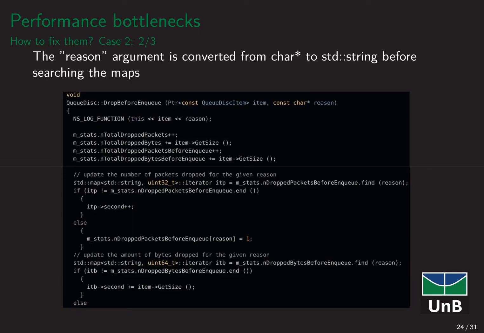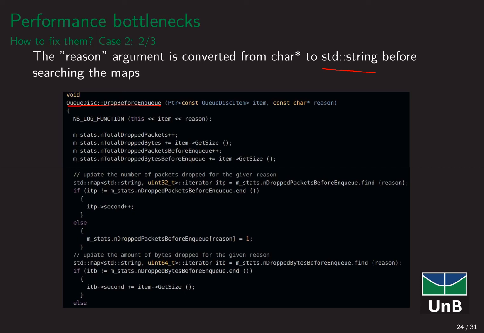One of the main sources of temporary allocations, seen in the previous slide, was the QueueDisc dropped before in queue, and it allocated a ton of standard strings. And if you look at the code, there's no allocation for string, which means it's being created temporarily by one of these functions.